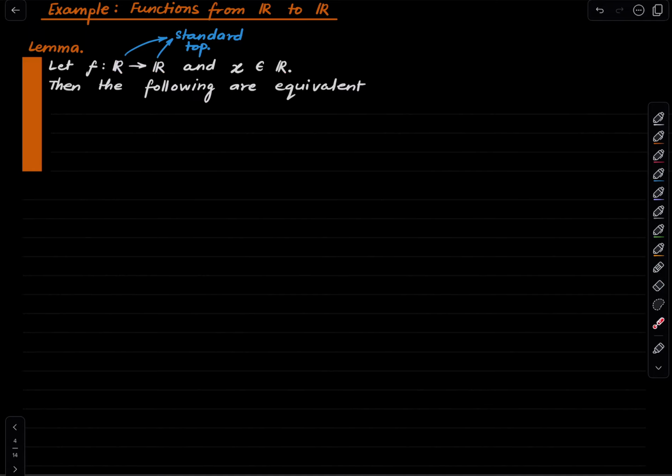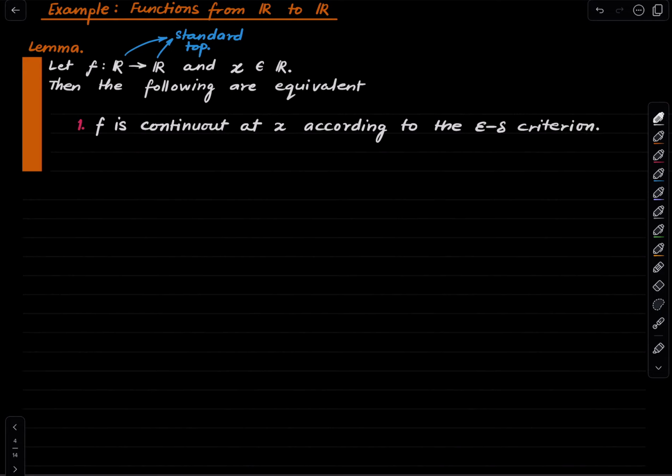So think of this as the domain. So we have a point in the domain of f. Then the following two things are equivalent. Which two things? The first statement is that f is continuous at x according to the epsilon delta criterion.